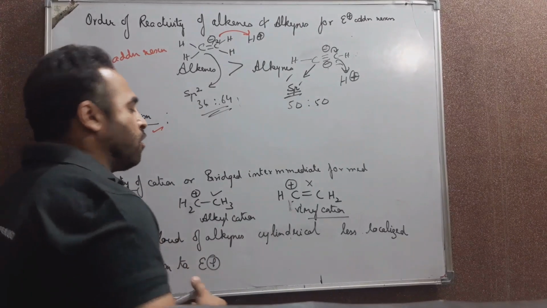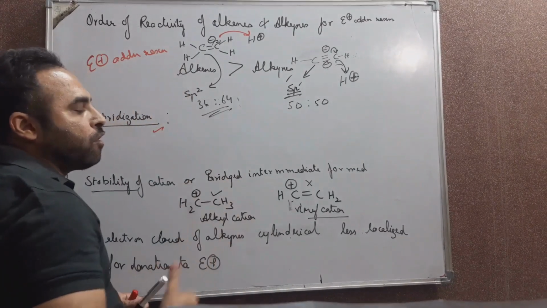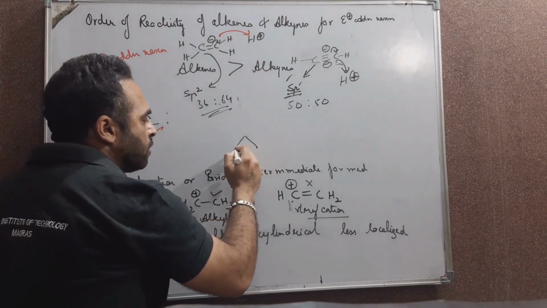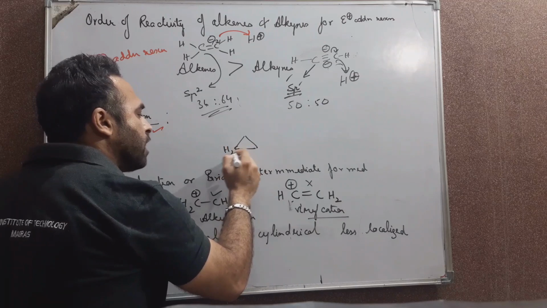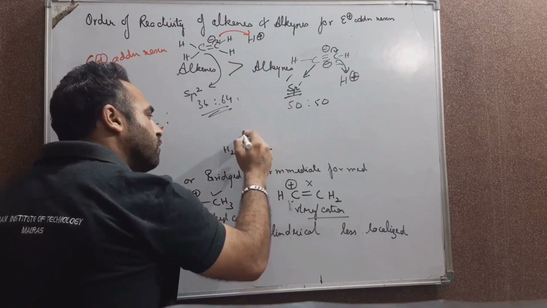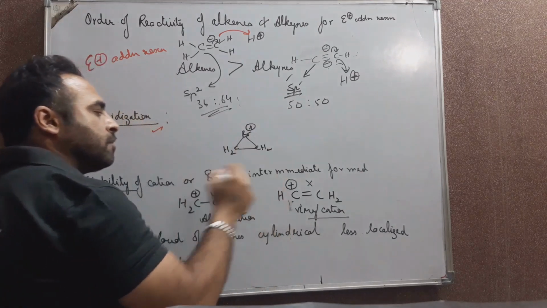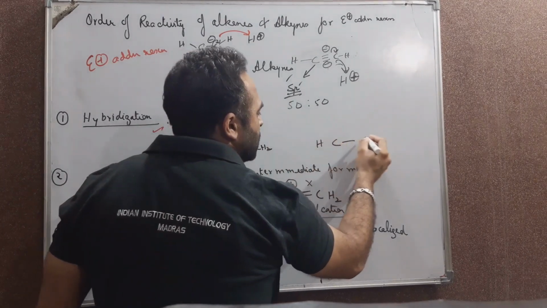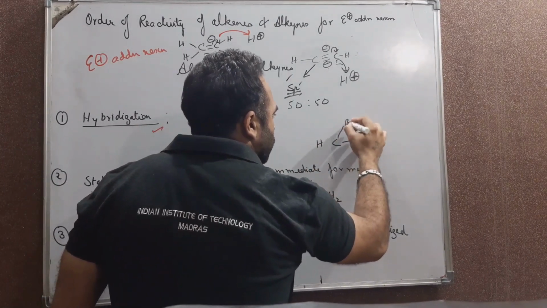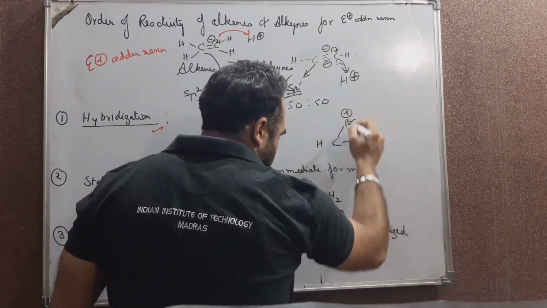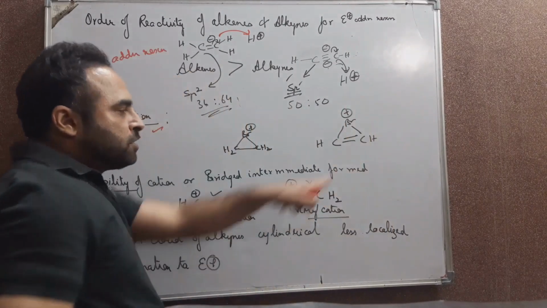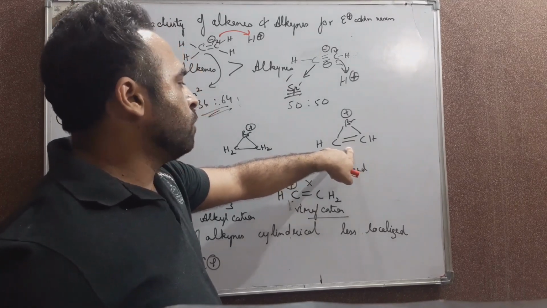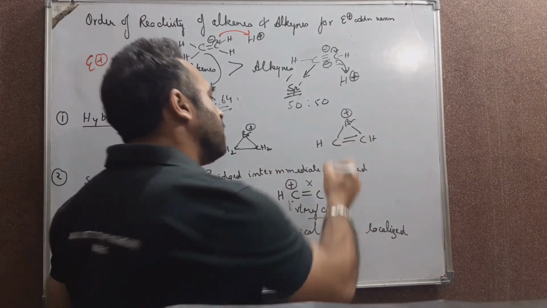On the contrary, if the reaction involves the formation of bridge intermediates, like if I try to add bromine, there is formation of the bromonium ion in alkenes, and in alkynes, if I try to do the same kind of reaction, what will happen? This bridge intermediate is having a double bond.